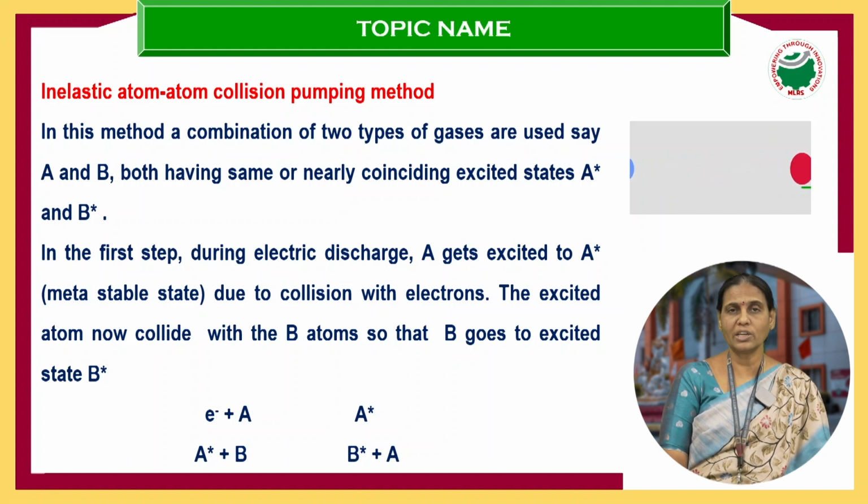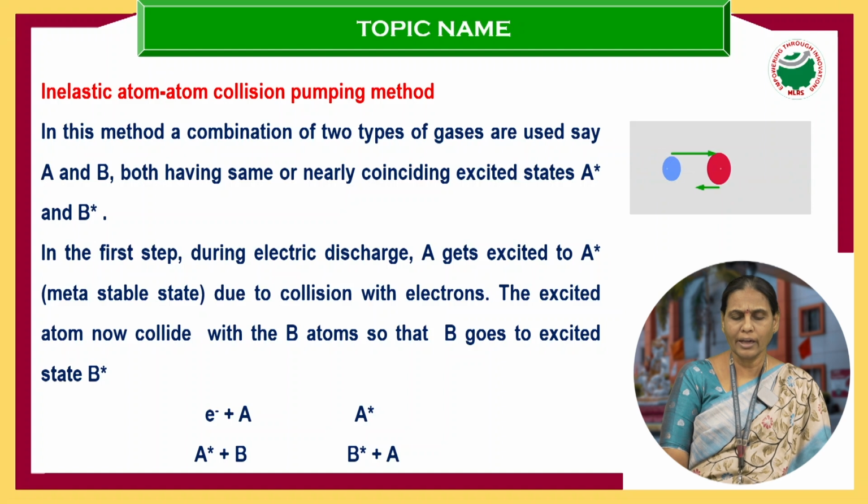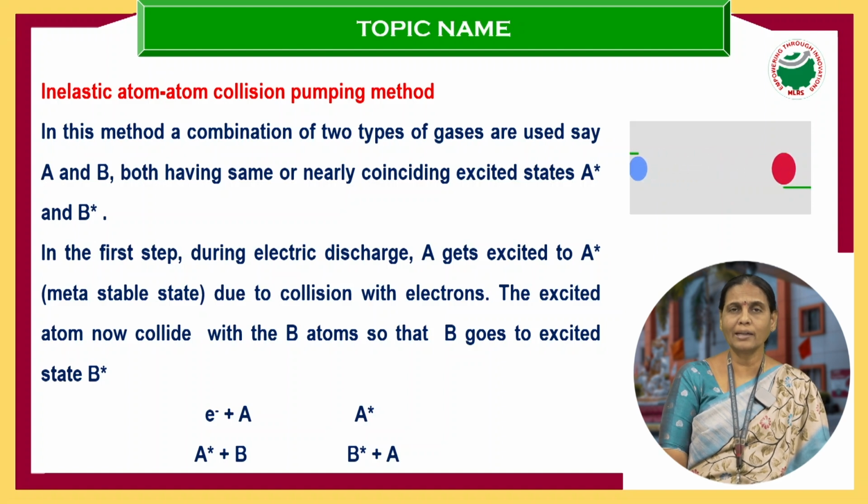Once that discharge is released, A gets excited to the higher energy state, A star. Similarly, the other atom, B, once it receives energy, also gets excited to the higher energy state, B star.